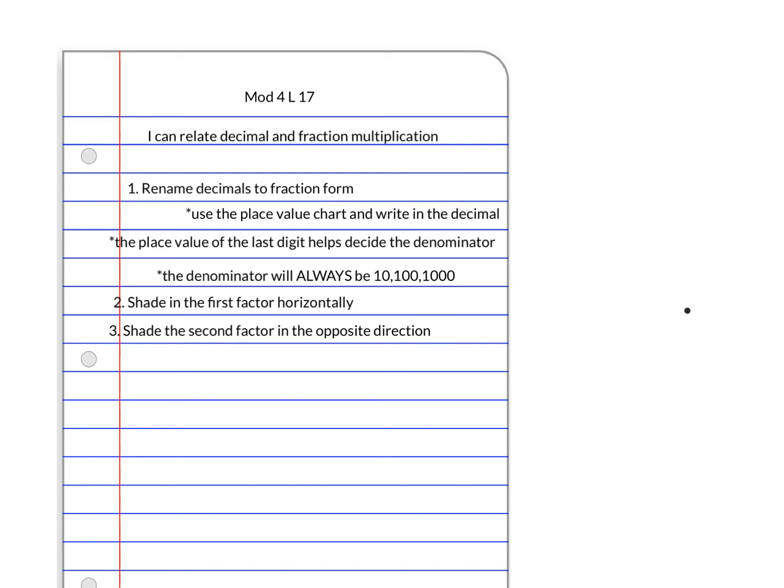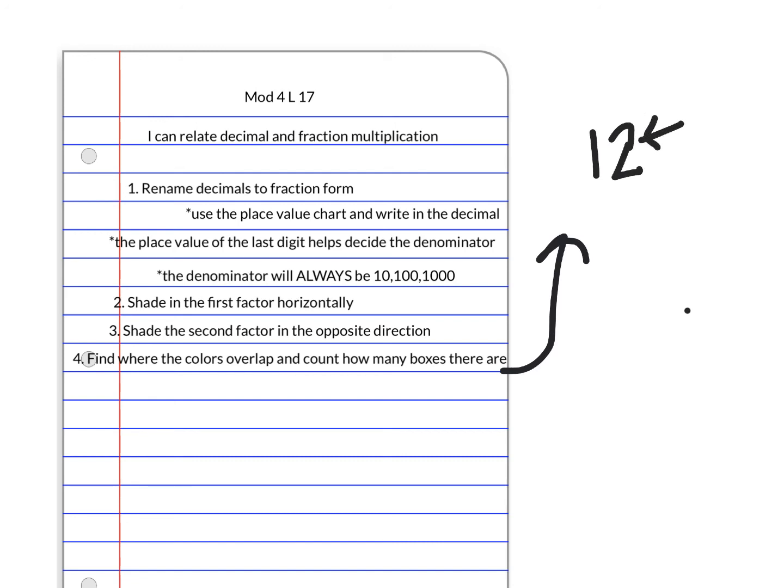So again, we're going to move on to our next step. Step 4, pause the video while you copy this down, is to find where the colors overlap and count how many boxes there are. We are going to write down our numerator, which is how many boxes are shaded in both colors, and our denominator is how many boxes total.